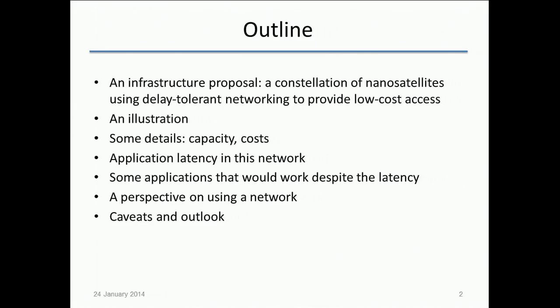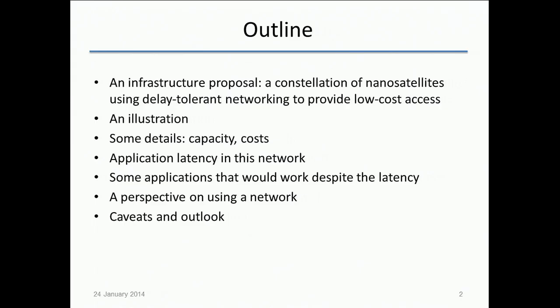The backbone of this talk, I guess, is a proposal for infrastructure, a constellation of what are called nanosatellites, very small Earth-orbiting satellites that would use delay-tolerant networking to provide low-cost network access universally across most of the globe.